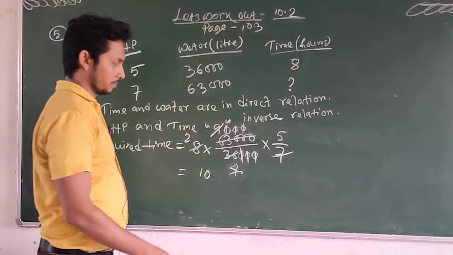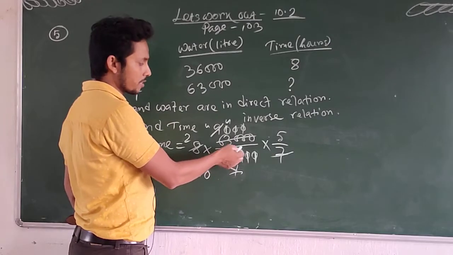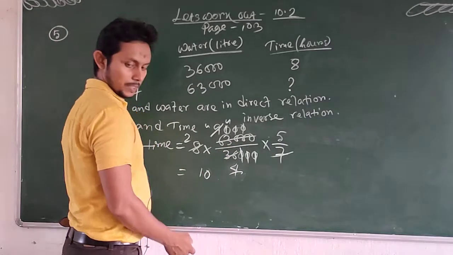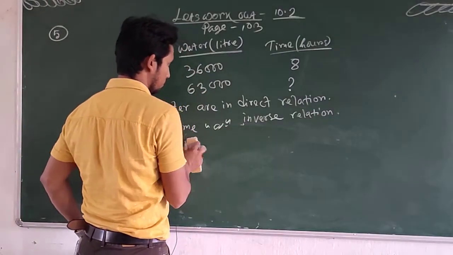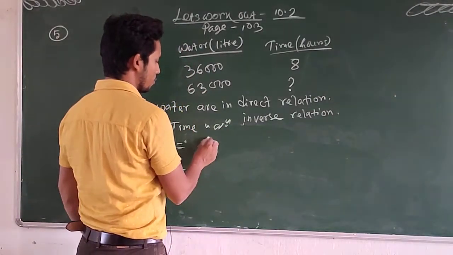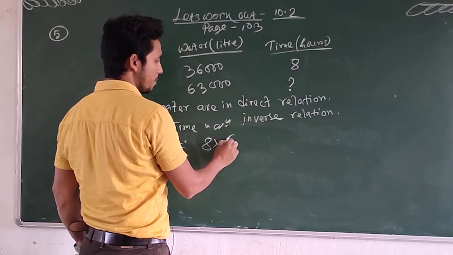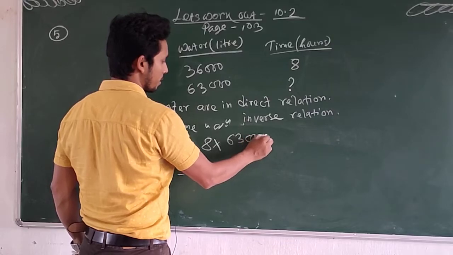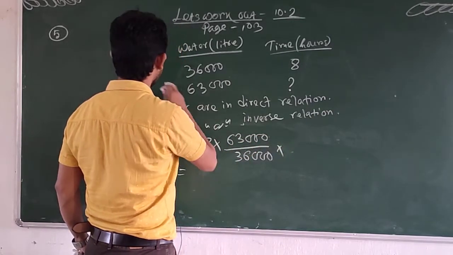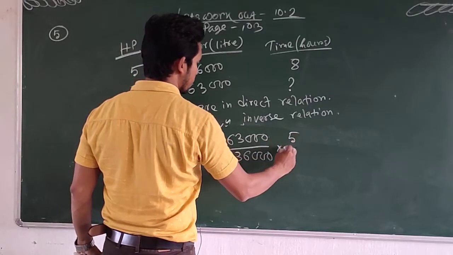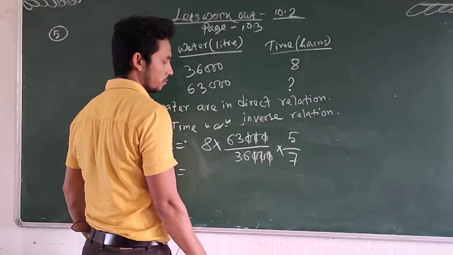Last, the required time, here the calculation. Let me do it again. So 8 multiplied, if there is direct relation, that can be inverse. That will be inverse. And the zeros cut down.